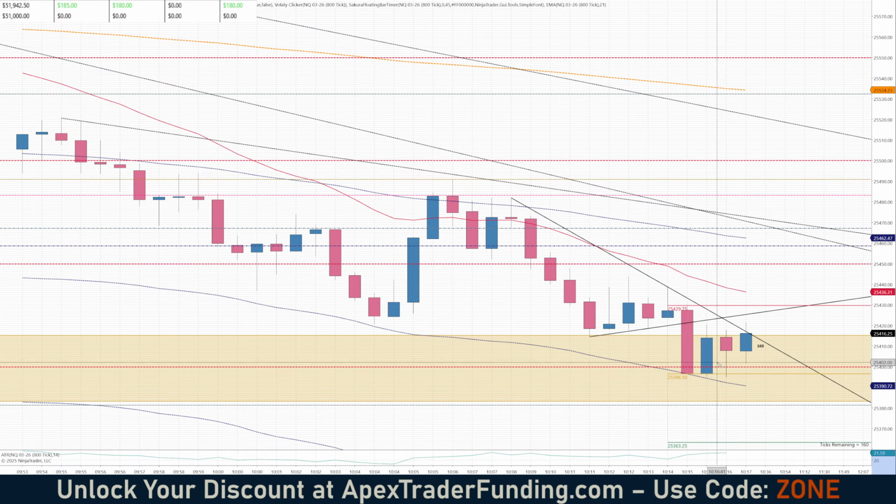All right, so this did trigger higher as well. So we have this bearish trigger here at 10:15, and at 10:16 we have this bullish trigger. So we have conflict.